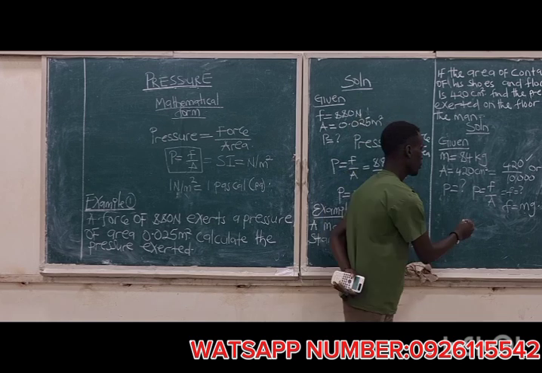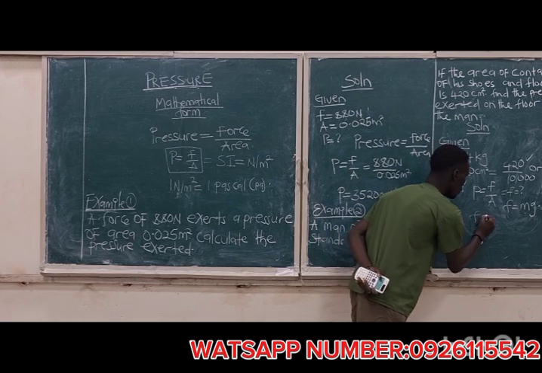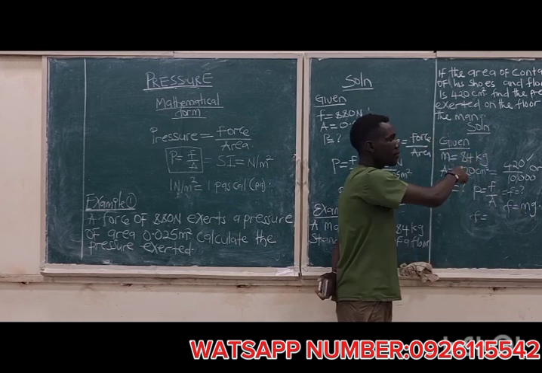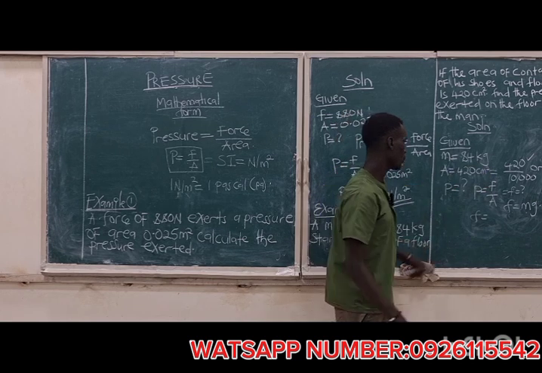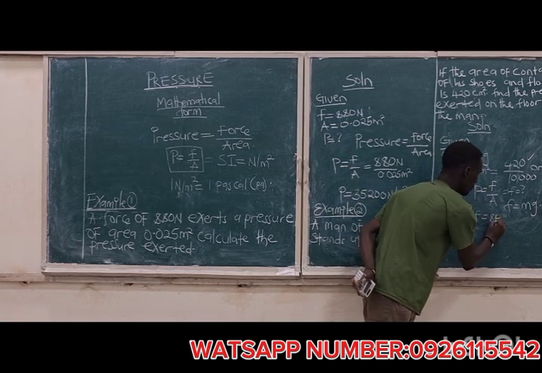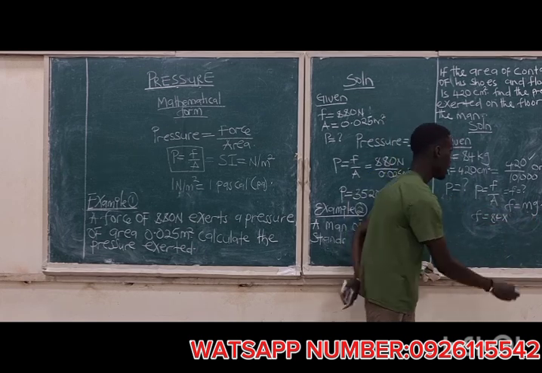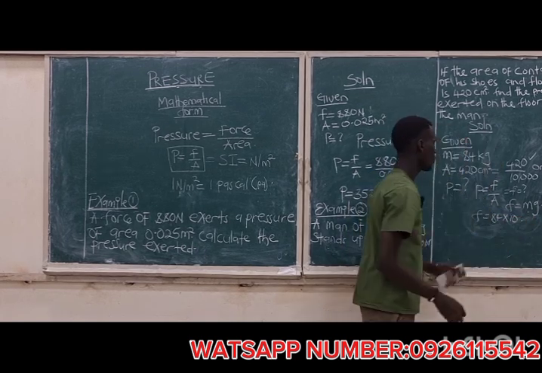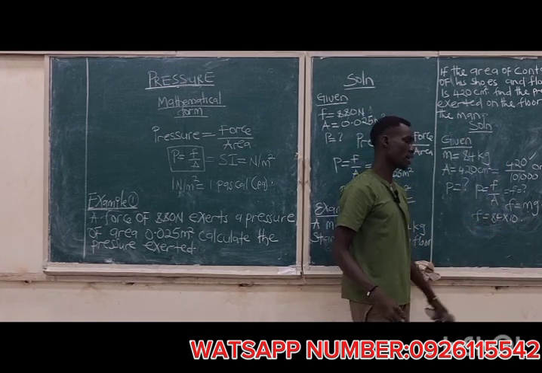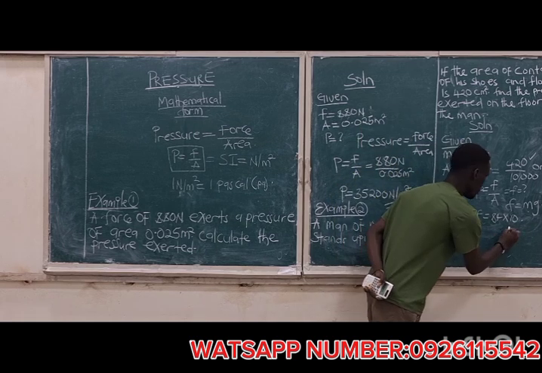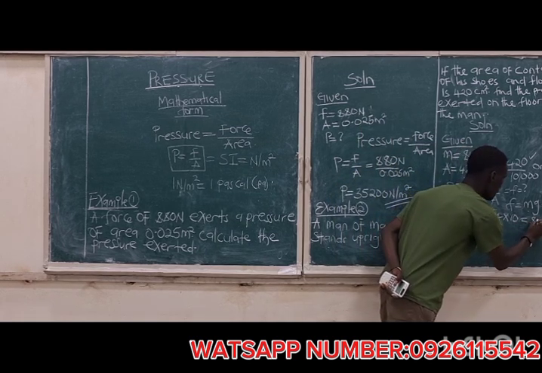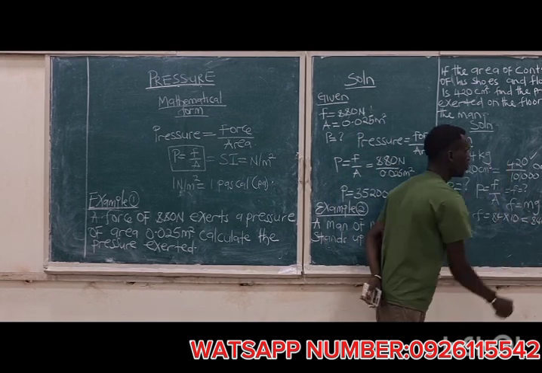Therefore, force is equal to the mass, 84, times the gravity. Acceleration due to gravity on Earth is always 10 or 9.8. Then we multiply, and we will get 840. So we have our force as 840 newtons.